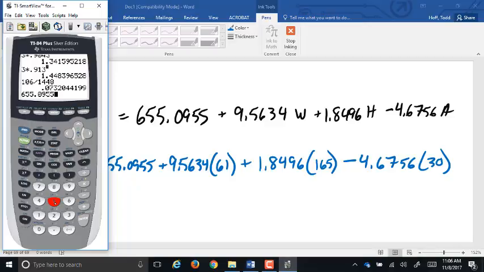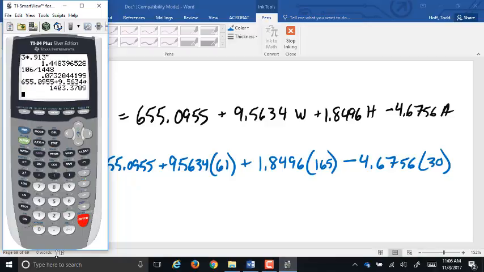So 655.0955 plus 9.5634 times the 61 plus 1.8496 times the 165 minus 4.6756 times 30.